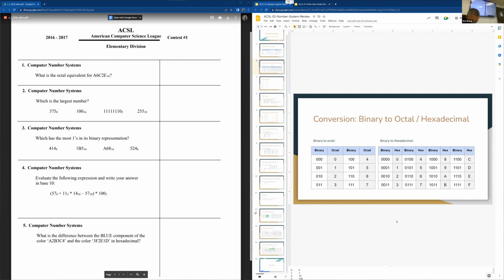Okay, so let's do that together on this side. Let me try moving this away here.